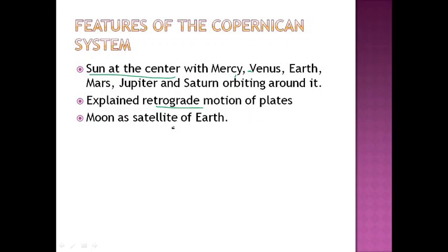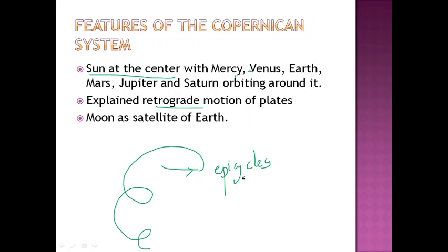In the geocentric model, we saw that planets have a retrograde motion. Sometimes a planet appears to be moving backwards and sometimes forward, and that was explained based on epicycles in the geocentric model. But here, a neater explanation is brought by Copernicus. He was able to explain the retrograde motion of planets, especially that of Mars.